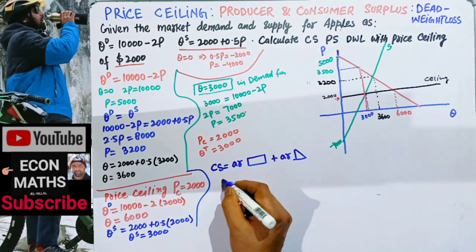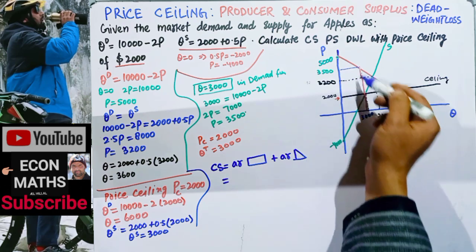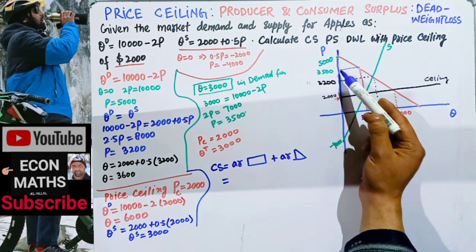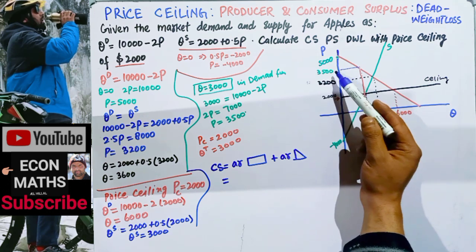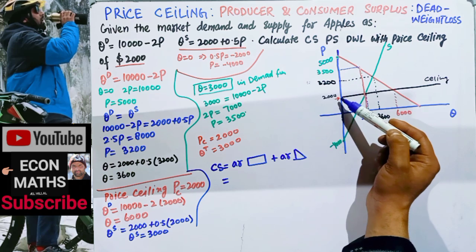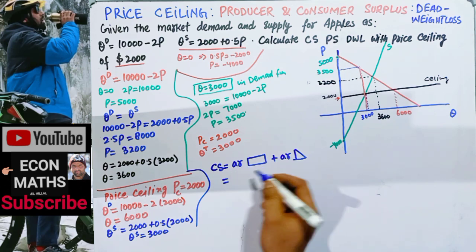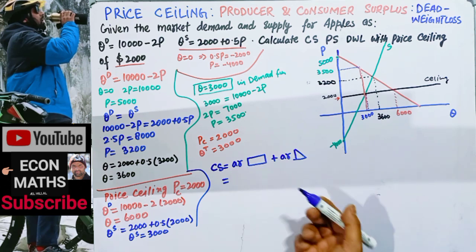Okay, what is the area of this very rectangle? The length of this is 3,500 minus 2000, so it is 1500. Area of a rectangle is length into breadth.